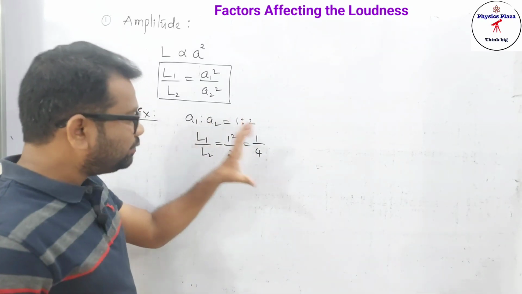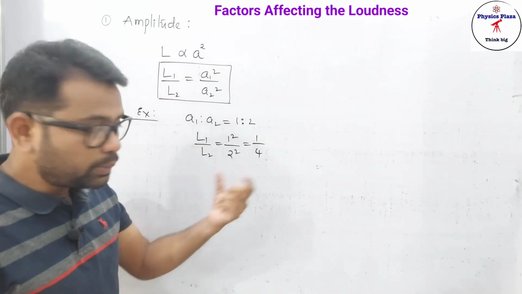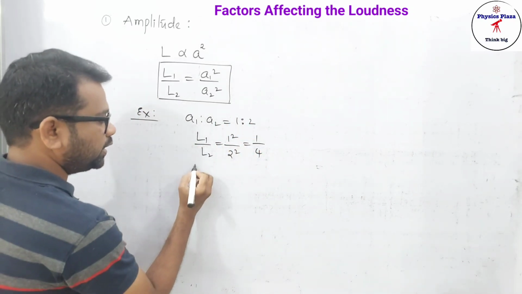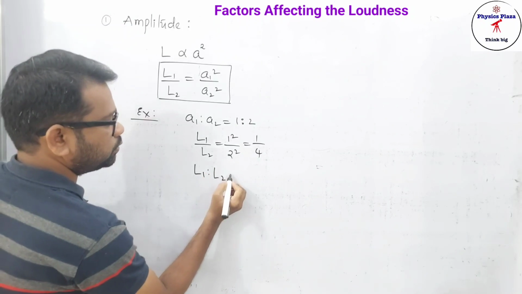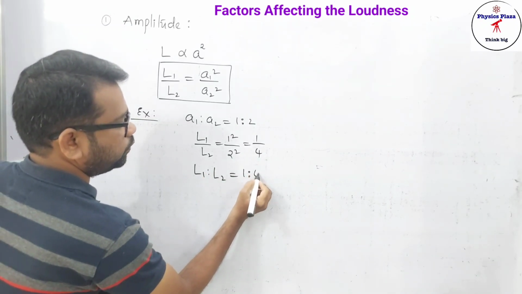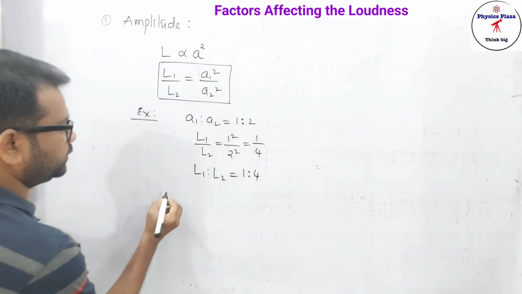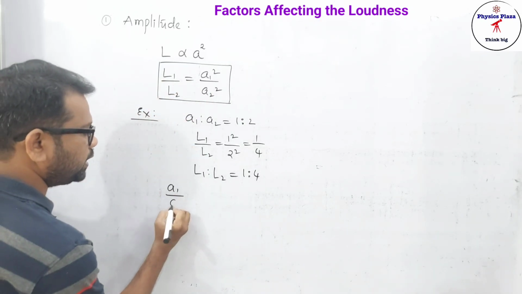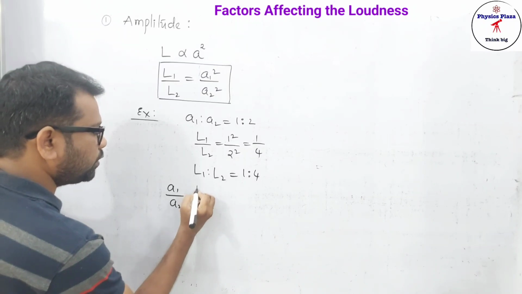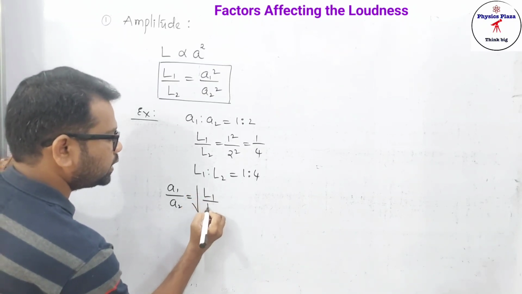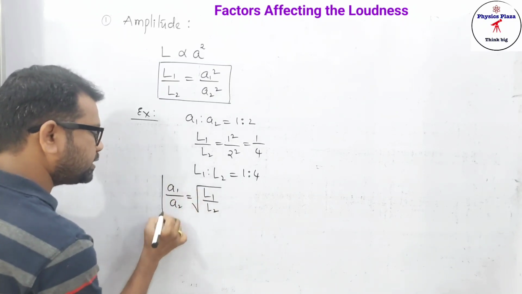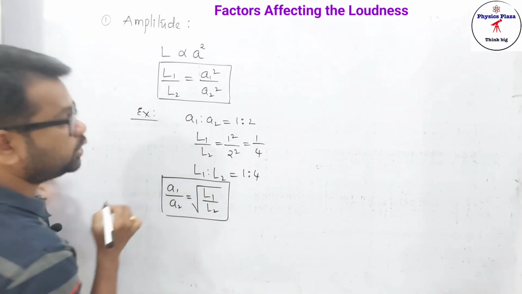Children, but don't leave the answer in the P by Q form. It has to be written as L1 is to L2 is equal to 1:4. Okay, fine. This relation can also be expressed like this: A1 by A2 is equal to the square root of L1 by L2. Children, based on this also we can expect a numerical.